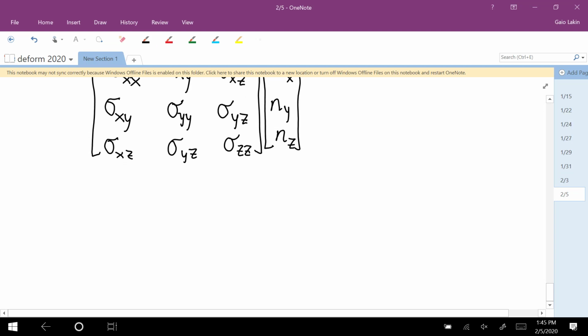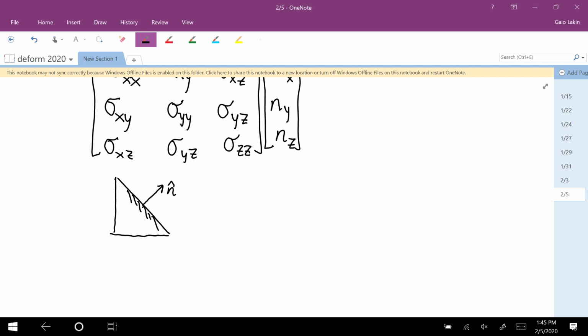So yeah, how am I going to illustrate this? So if this is your face, this is your outward facing normal. Well, if that face doesn't have any shear components to the traction vector, then it's going to be just parallel to that vector.